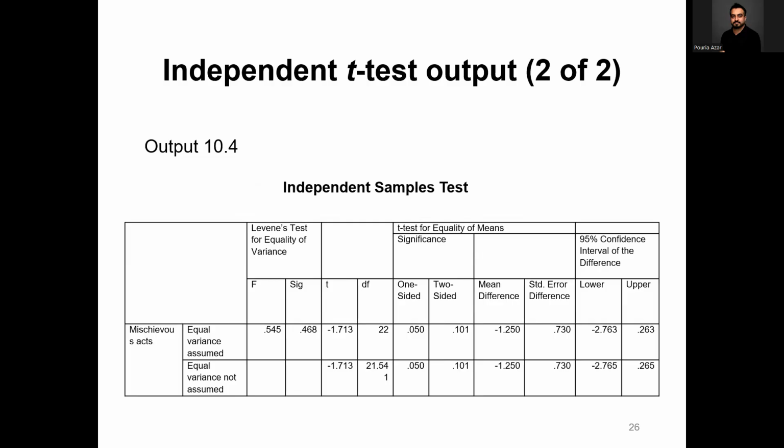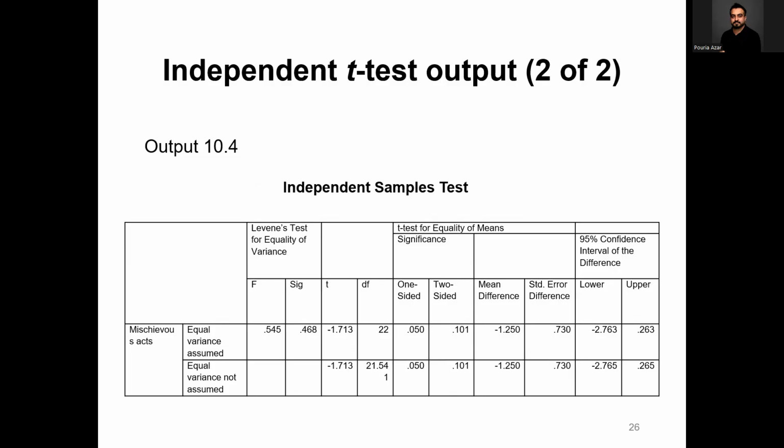So I have the F statistic and the p-value for that, which shows the Levene's test or homoscedasticity assumption. I have the t statistic, which is my t-test, and the degrees of freedom, and then significance for one-sided or two-sided significance.